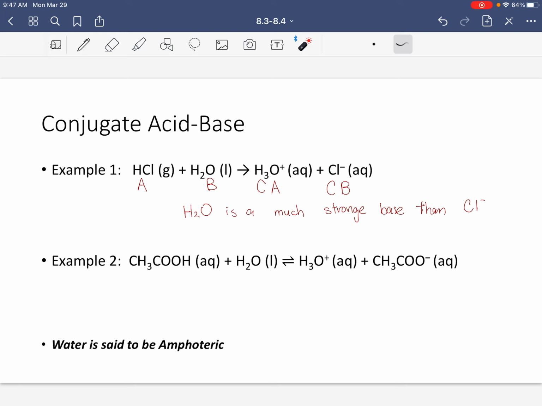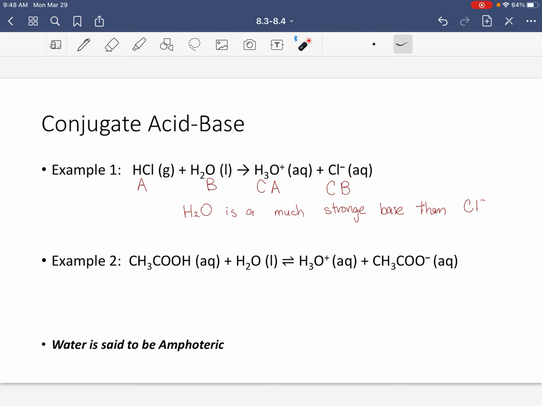Because of that, you're not going to have a chance to pick up anything, man. I will pick up all of these and become H3O. You, being a weaker base, you're not going to pick up these guys and become HCl because I dominate you. Okay? So the reaction is going to be towards product all the time, because H2O is just a better base than you. Okay?